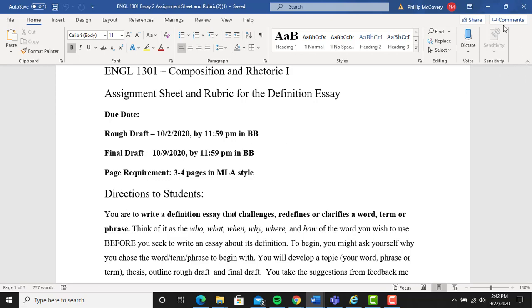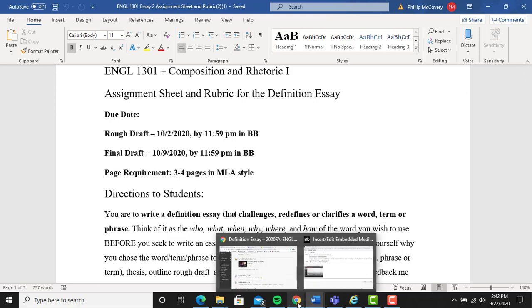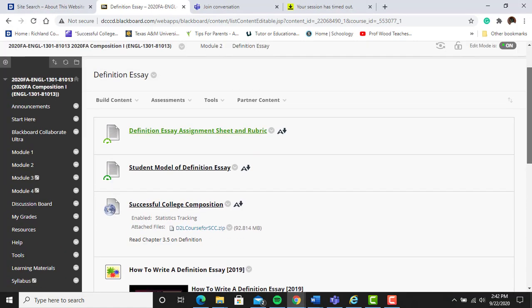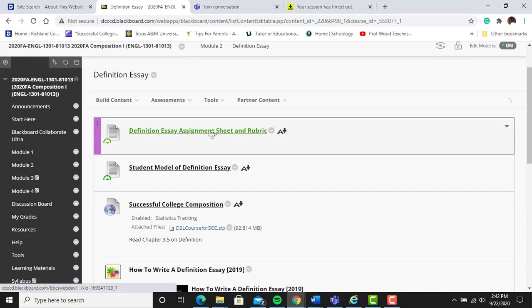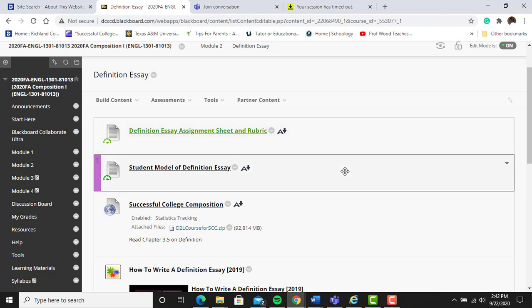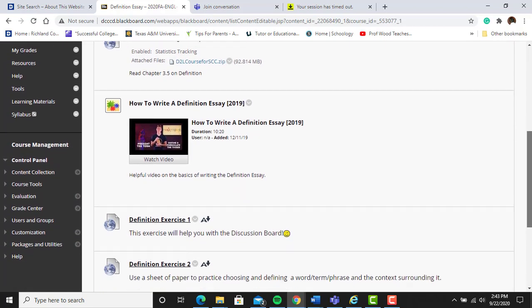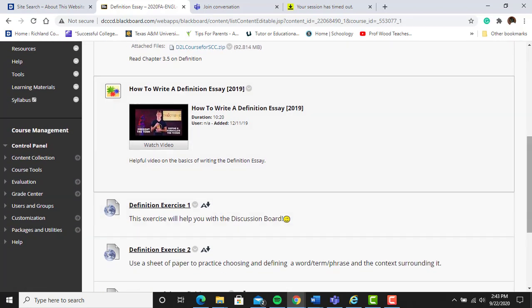Okay, so let's go back to our folder. Remember that everything you need is in the definition essay folder. You have your assignment sheet and rubric, you have the student model of a definition essay, you have that handy and for free, might I add, Successful College Composition book, and basically a video or two.